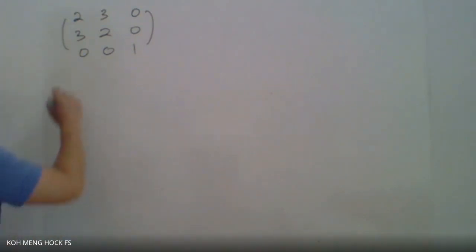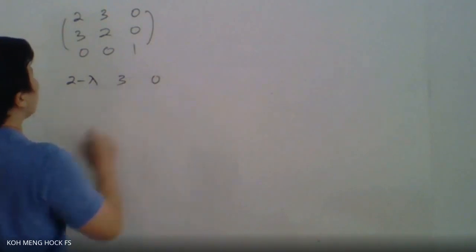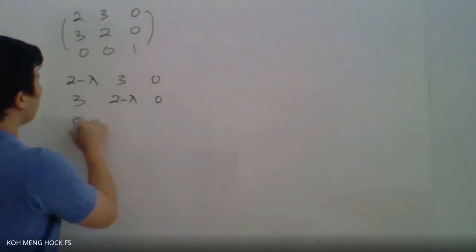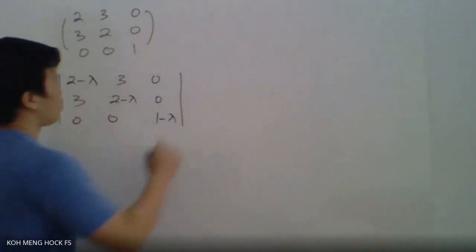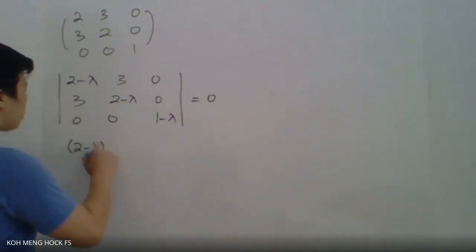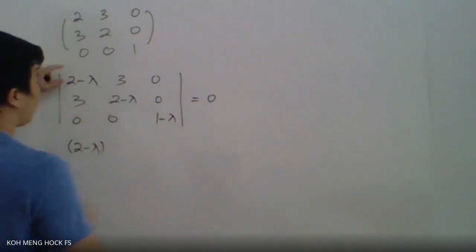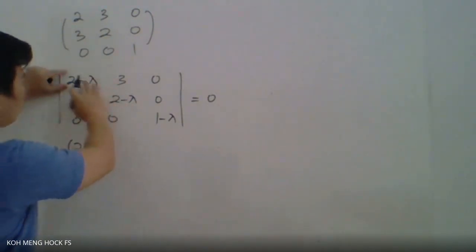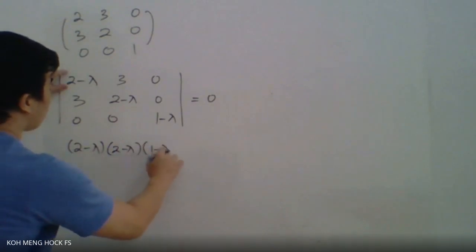You know the steps. You just have to take the matrix with 2 minus lambda, 3, 0, 3, 2 minus lambda, 0, 0, 0, 1 minus lambda, and set the determinant to be 0. So you have 2 minus lambda, and you have to take the cofactor of this. The cofactor of this is 2 minus lambda, 1 minus lambda.